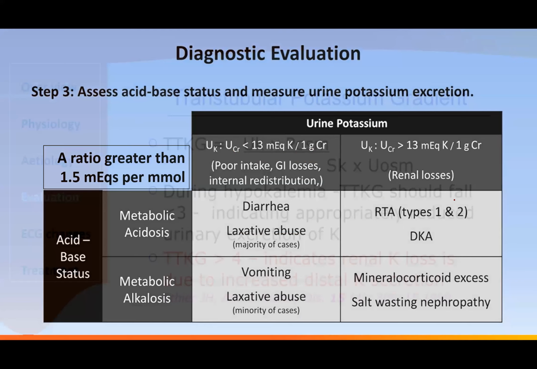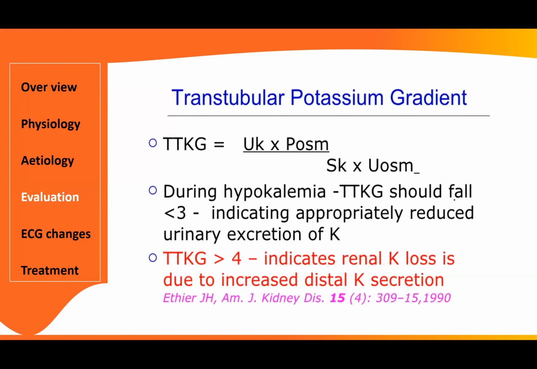You need to know one more concept called the transtubular potassium gradient. What is this transtubular potassium gradient? Take spot urine, not 24-hour urine, and obtain the urine potassium and urine osmolality, along with serum potassium and serum osmolality.